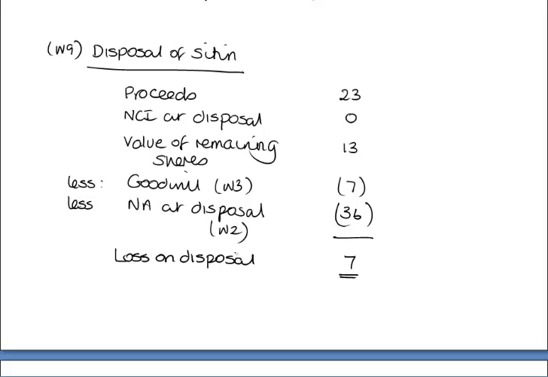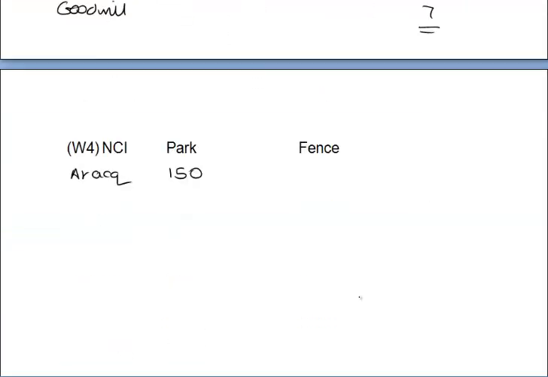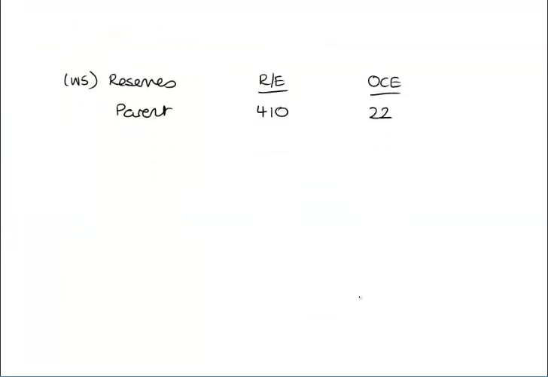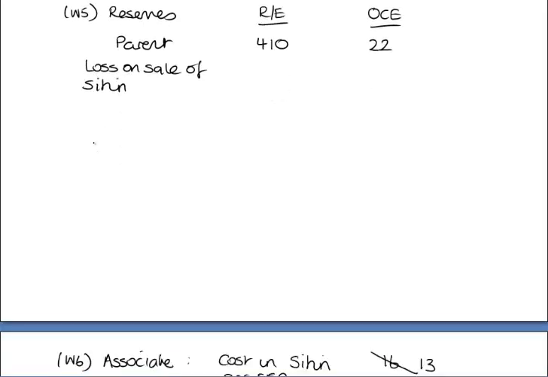So this is our loss on disposal of the subsidiary. It's 7 million. What am I going to do with that loss on disposal? I'm going to take that to my reserves note, loss on sale of Sitin.